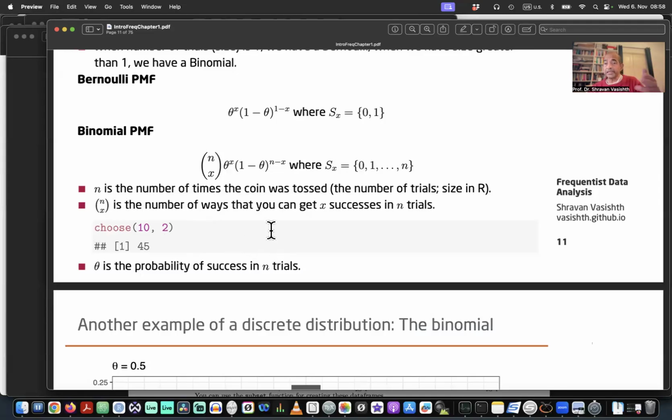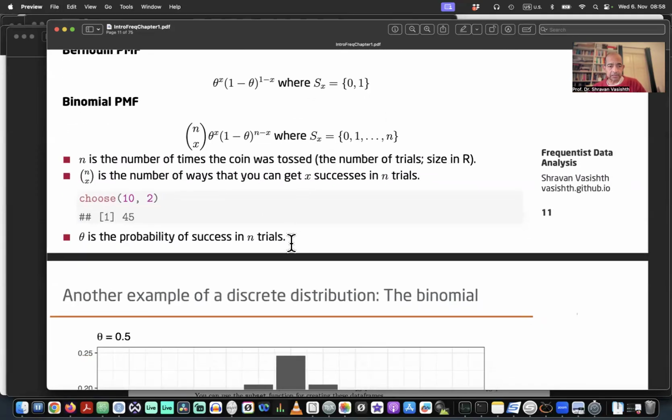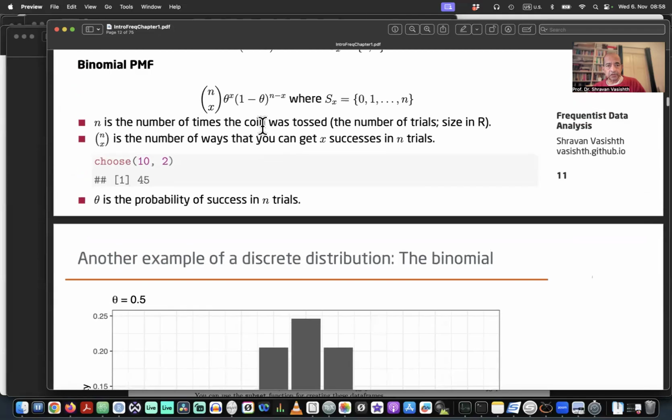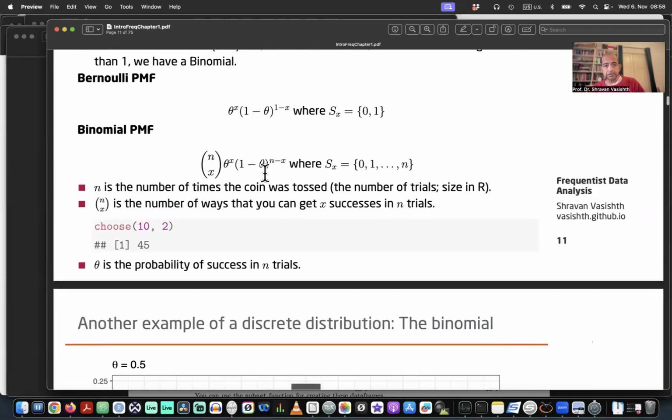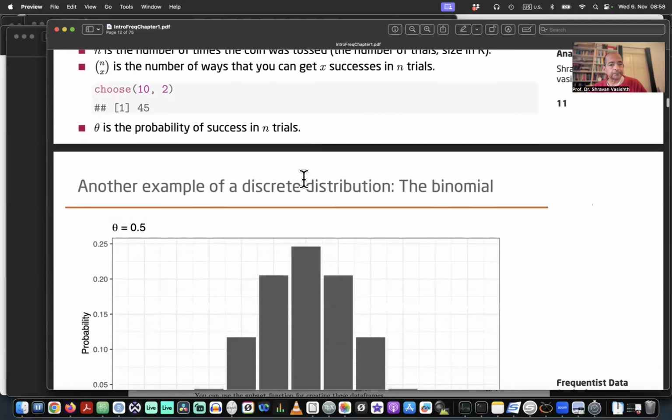How many ways can you get a heads when you toss a coin 10 times? That question is being answered by the choose function here. And so this choose function, n choose x, is part of the probability mass function. And so let's see where this takes us now, okay? And theta, of course, in this equation is just like in the Bernoulli, the probability of heads or probability of success here. Yeah?